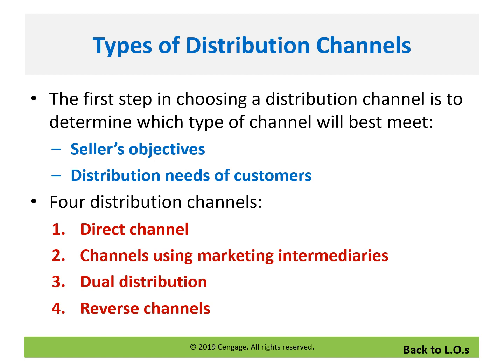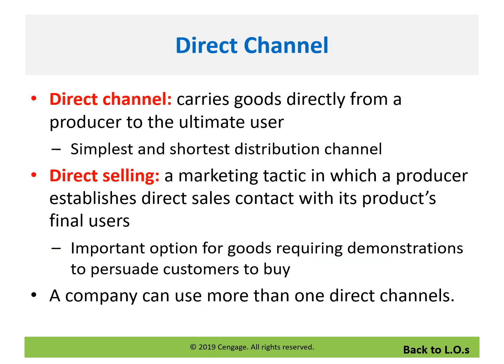Instead of searching for the best channel for all products, a firm must analyze channels in light of consumer needs to determine the most appropriate channel or channels for the firm's goods and services. There are 4 distribution channels to choose from: direct channel, channels using marketing intermediaries, dual distribution, and reverse channels.